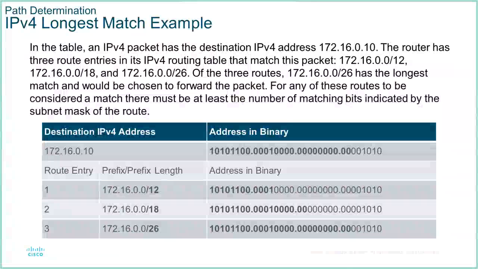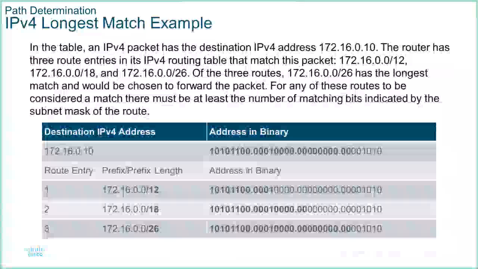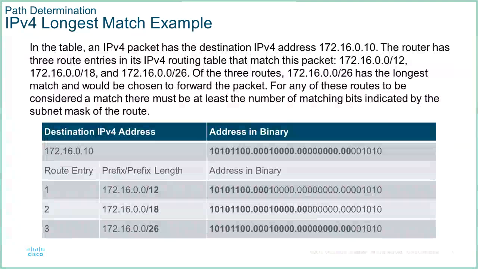So in this example, we're trying to route to the IP address of 172.16.0.10. It has the binary all laid out for us. Now what we have is 3 networks in our routing table, all part of the 172.16 network family. One's a /12, one's a /18, and one's a /26. So you can see that the /12 matches 12 bits.